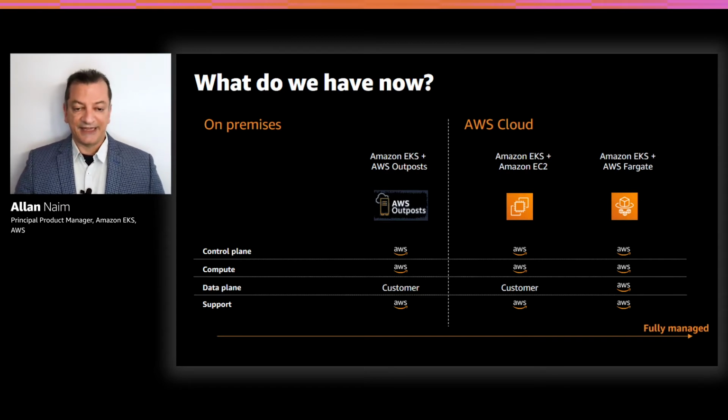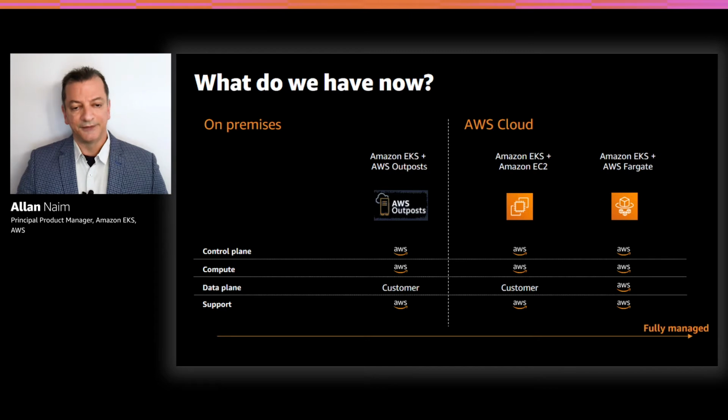Offerings such as EKS running on AWS Fargate or managed node groups provide customers an experience where AWS manages both the control plane and worker nodes so that customers don't have to manage any of the infrastructure on their own. We provide a set of APIs that enable customers to upgrade their clusters, scale their infrastructure, and hand over the undifferentiated heavy lifting to AWS.